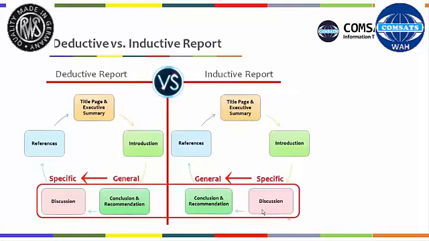If these things are clear to you, then you won't have any difficulty to pick either one of these two, keeping in view the circumstances and what you have to perform and the manner in which you are supposed to jot it down for your readers. So hopefully now you have a clear-cut difference between an inductive mode of report writing and the deductive mode of report writing. And now we can proceed onwards with the next upcoming sections.